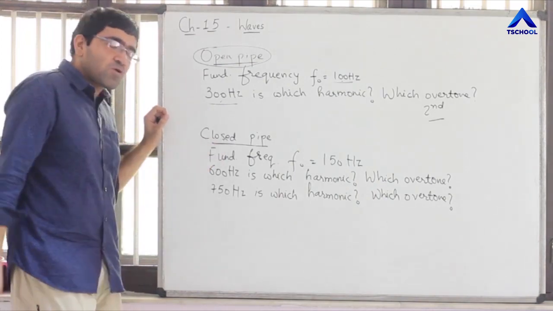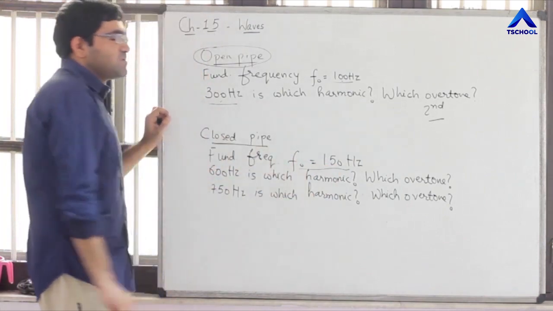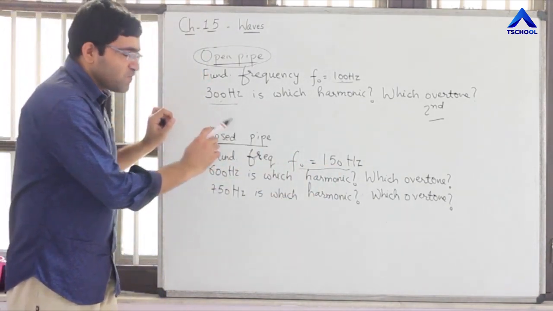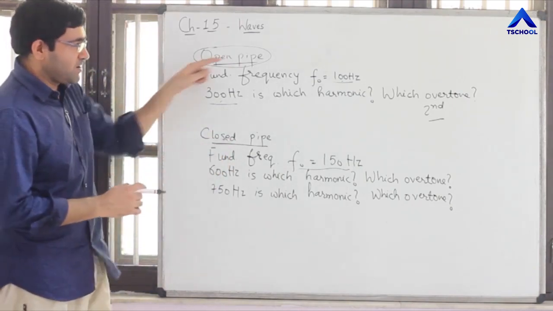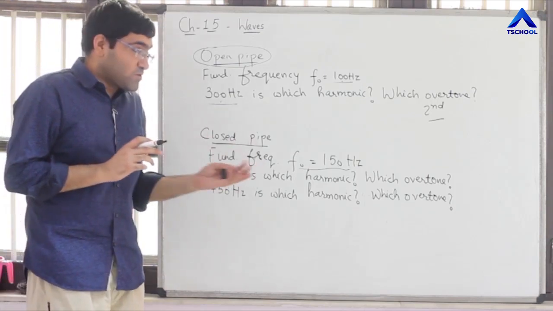Now we are going over to the closed pipe, and the fundamental frequency is 150 hertz and 600 hertz is which harmonic? Well, that part is fairly clear. I'm sure you understand. It's fourth harmonic. And which overtone?